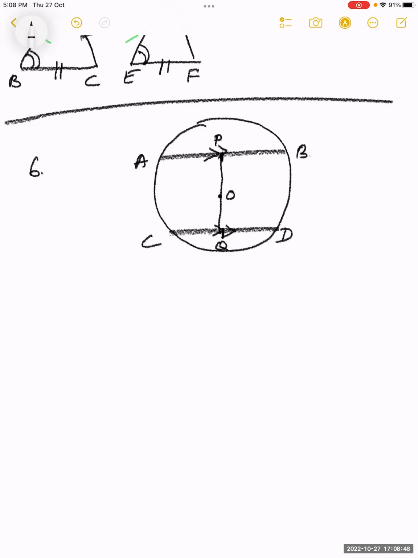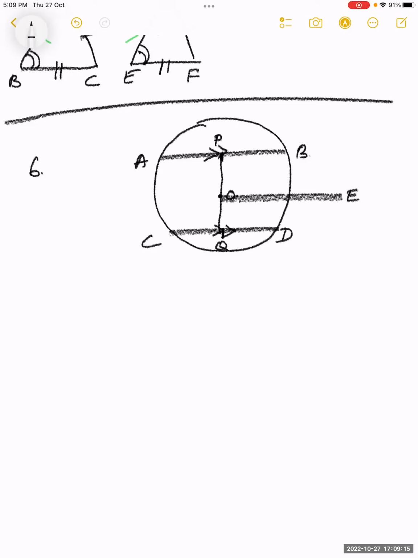Now draw OE parallel to AB and CD. You have to draw a line parallel to AB and CD. So I will just draw a parallel line OE. So OE is parallel to AB and CD.